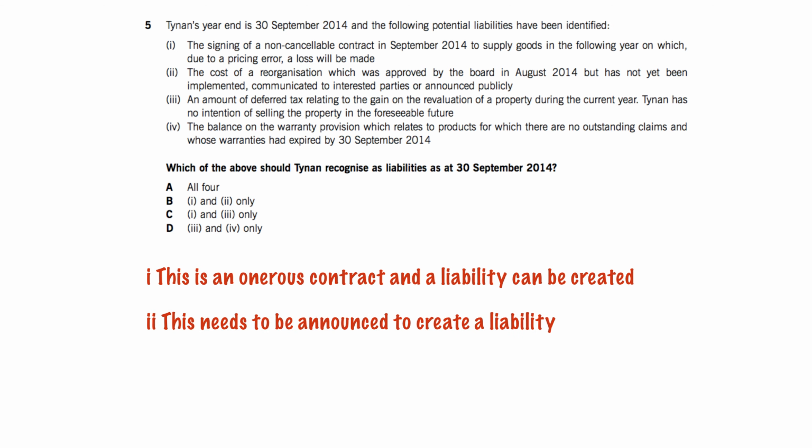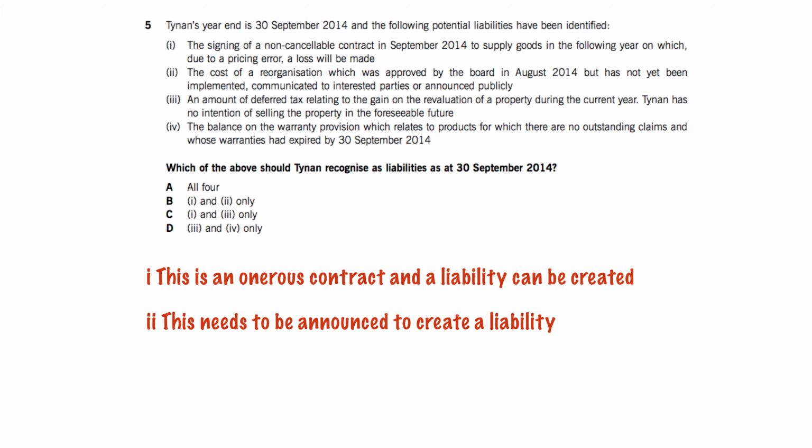Number 3, deferred tax relating to the gain on the revaluation of a property during the current year. Well, that seems right so far. Remember, if we revalue a property, that will increase its value, but the tax base will remain the same. So that will create deferred tax. And they've no intention of selling the property. Well, that doesn't matter.